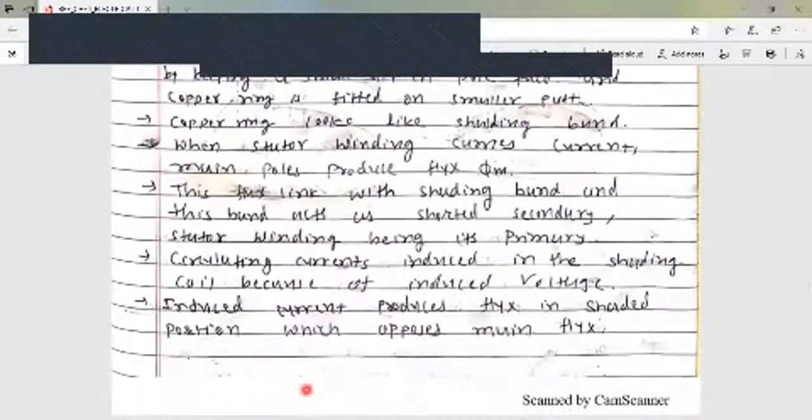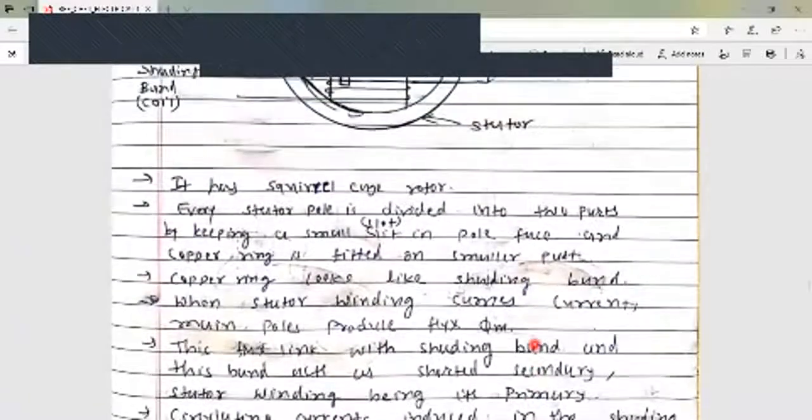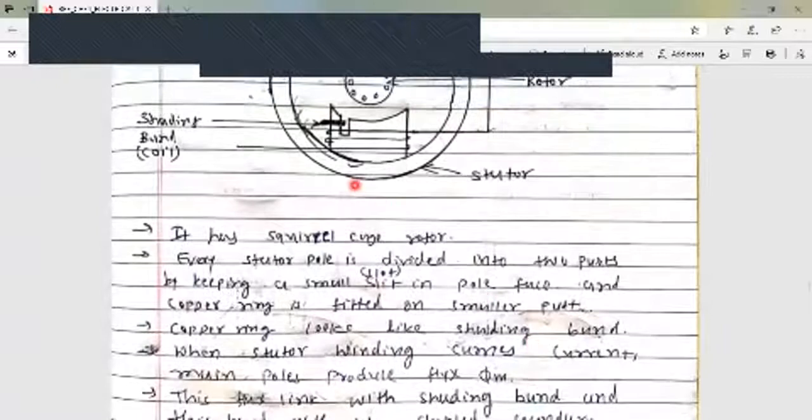So circulating currents are induced in shading coil because of induced voltage. Induced currents produce flux in shaded portion, which opposes the main flux. Again, I revise. When we give supply to the stator windings, it produces flux phi.